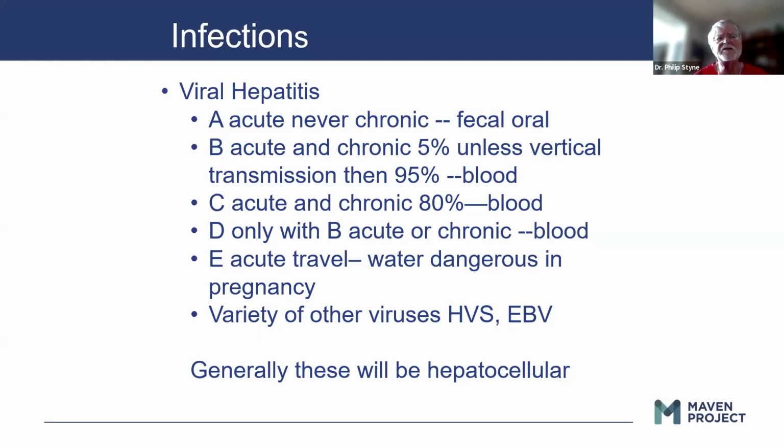D is a fascinating disease which is seen only in patients with hepatitis B. It's an incomplete virion. E is actually often waterborne, very dangerous in pregnancy, and has been considered to be a third world infection.